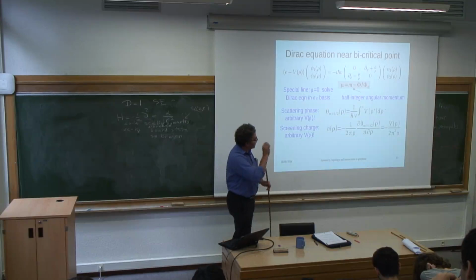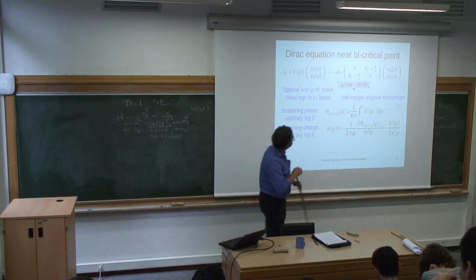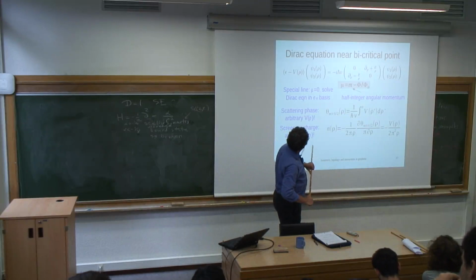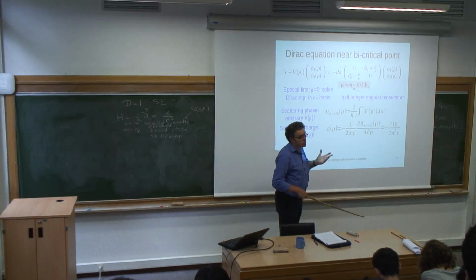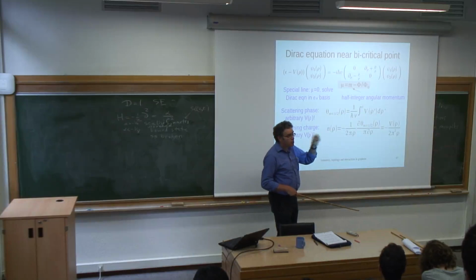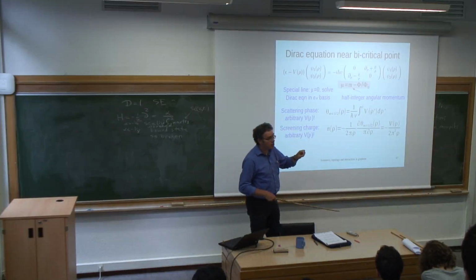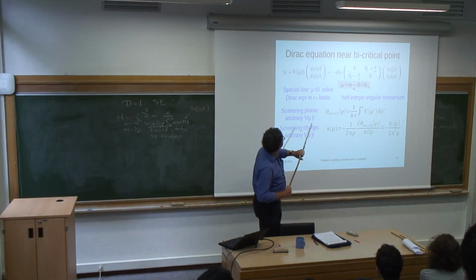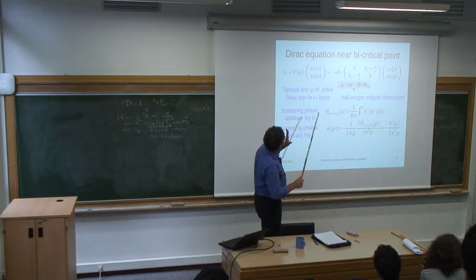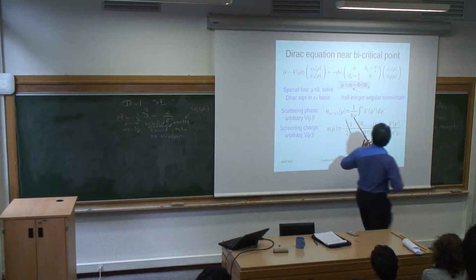So at the half-flux quantum point, you can exactly solve the Dirac equation not only in a Coulomb potential, but in any potential. There is one angular momentum channel where you can exactly solve the Dirac equation. And the mathematical property that makes it possible? I mean, it looks really magical: it factors.